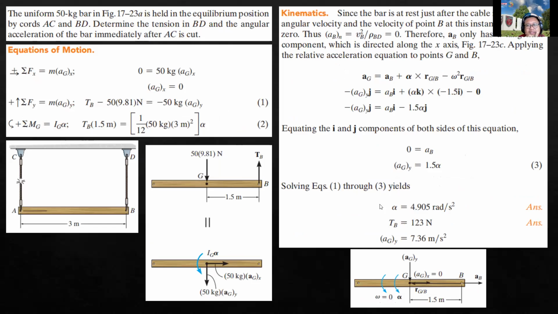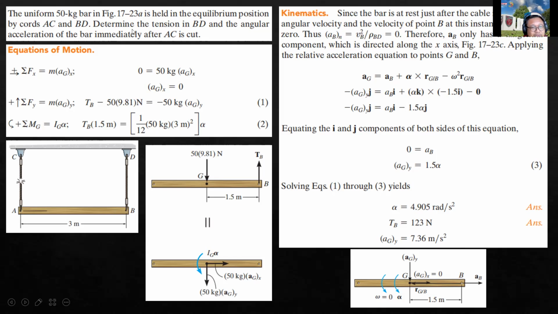Okay, this is the last example for this one. After this, I will go through the solution for test number 1. We have a uniform 50 kg bar held in equilibrium by chord AC and chord BD.